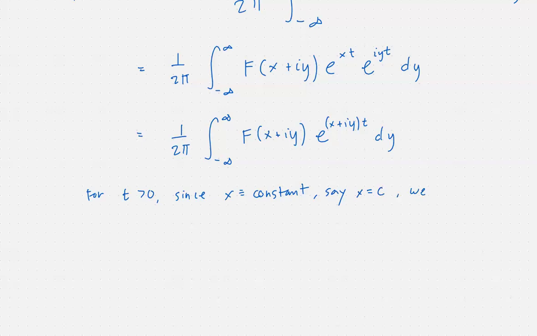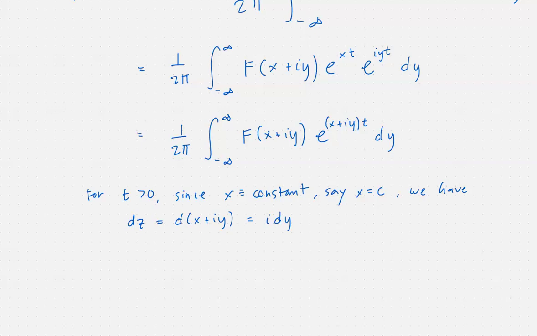We have dz is equal to the derivative of x plus iy. Since we assume x is constant in this case, then we only have i dy. Because of this, we can now rewrite this integral.